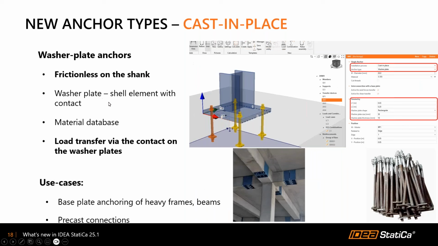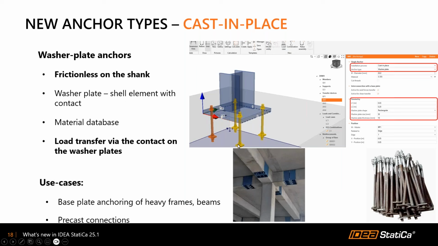Let's move to another cast in place installation process, which is washer plate anchors. So what are the benefits, or what are the properties basically? We consider some frictionless contact or frictionless behavior on the shank. So all the forces are transmitted over this washer plate that is modeled as a shell element.